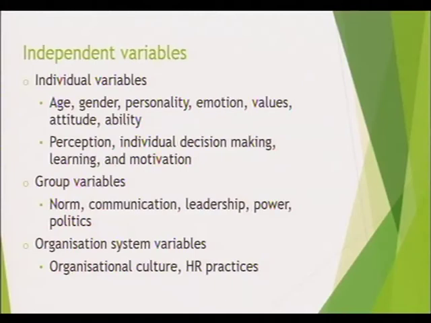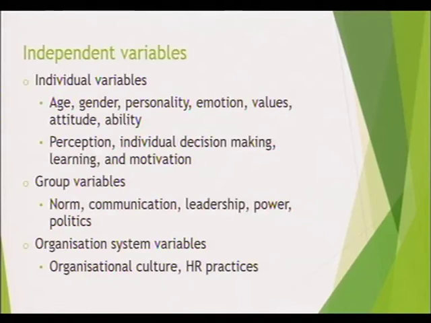What about independent variables? In independent variables, what we are looking at are certain factors, certain variables. For example, individual variables, we are looking at age, gender, personality, emotions, values, attitude, and ability. Under individual variables, we are also looking at perception, individual decision making, learning and motivation.